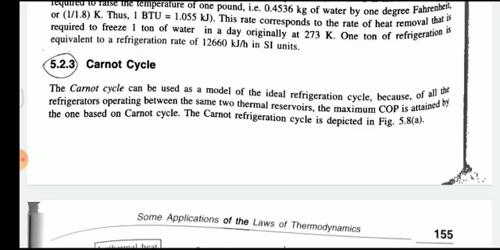The maximum COP is attained by the one based on the Carnot cycle, and this is depicted in figure 5.8a.